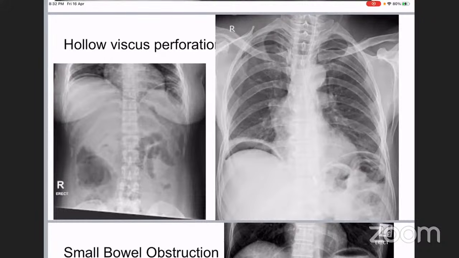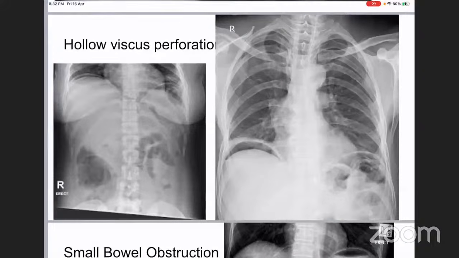Okay. So if you identify this properly, air under the diaphragm, or pathological free air under the diaphragm, or pneumoperitoneum, is detected best on which film? Is it on an abdominal X-ray or a chest X-ray? Erect chest X-ray. Very good. It is best detected on an erect chest X-ray.